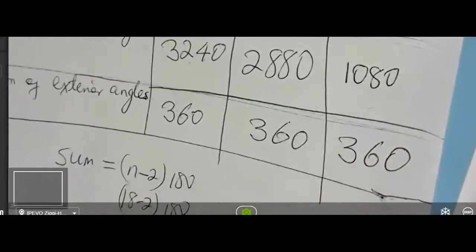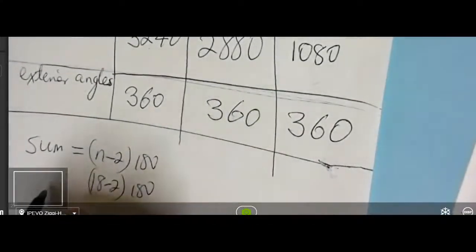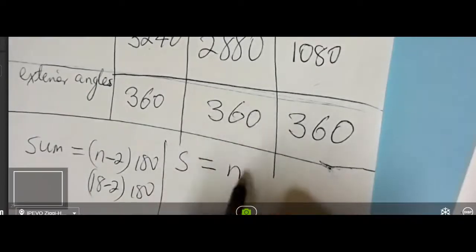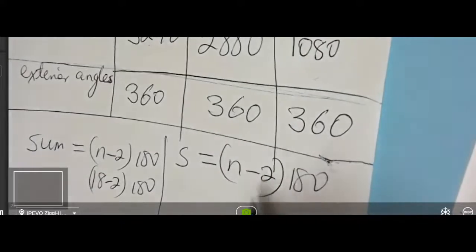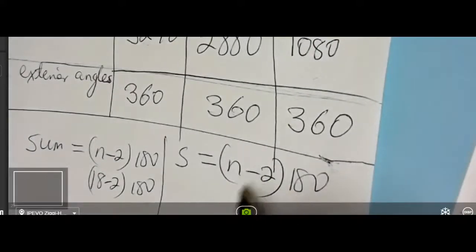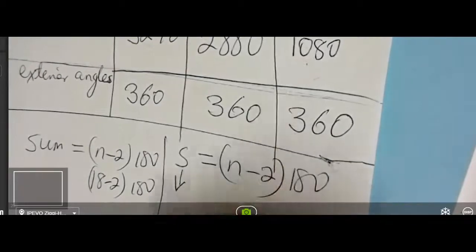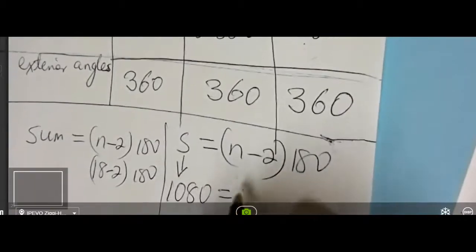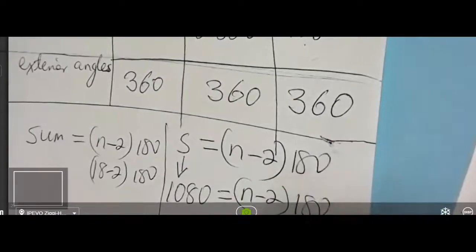We're going to use that formula to find the side. If the sum is n minus 2 times 180, make sure you follow the order of operations. So substitute the sum first: 1080 equals n minus 2 times 180.